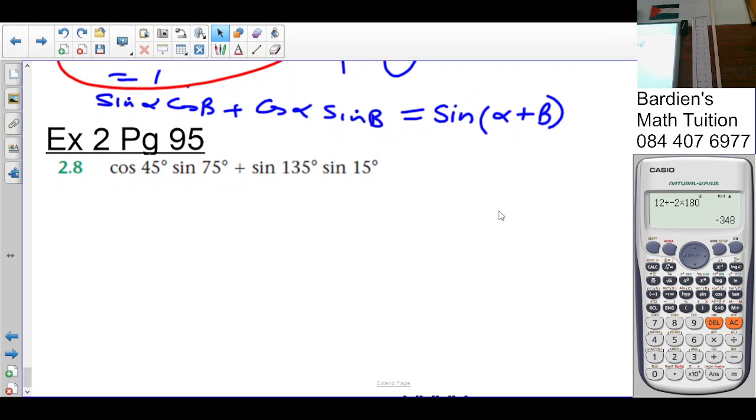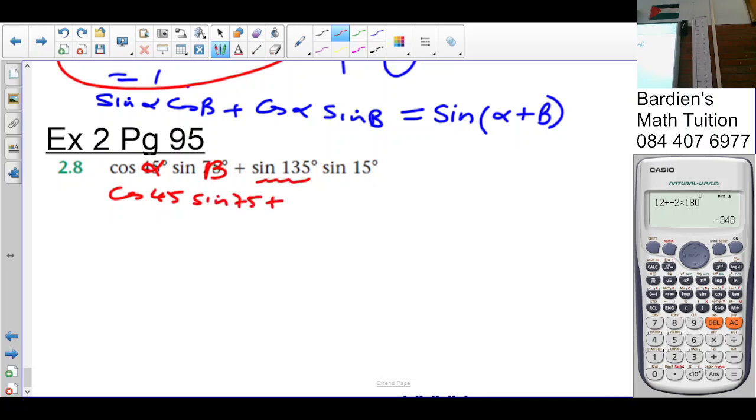The next one says cos 45. So there's the alpha. Sine beta. So can I get a 45 here? That's cos 45, sine 75, plus. How can I get the 45 here? 180 minus. But this is sine, cos, cos, sine.